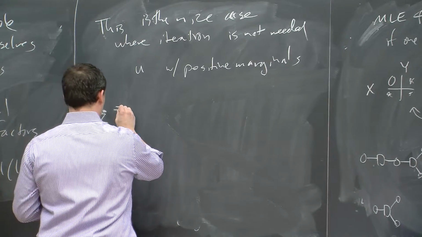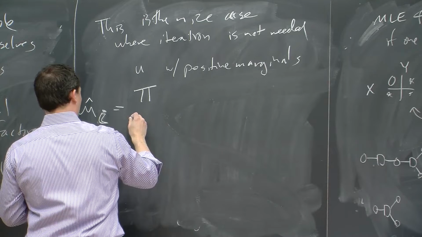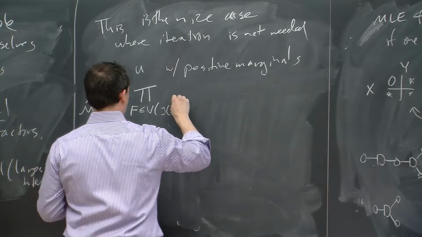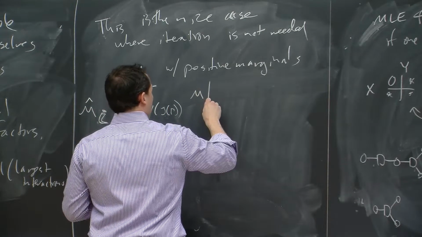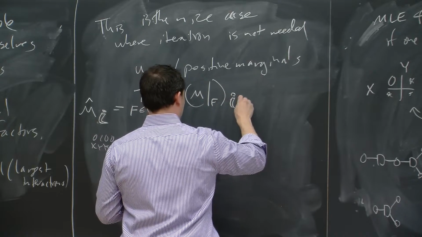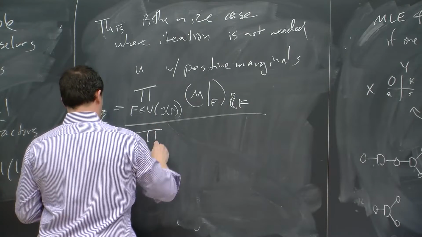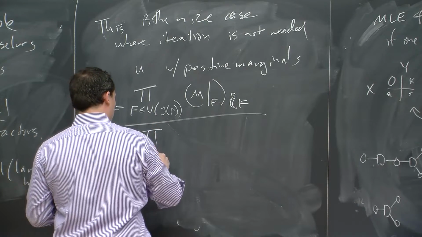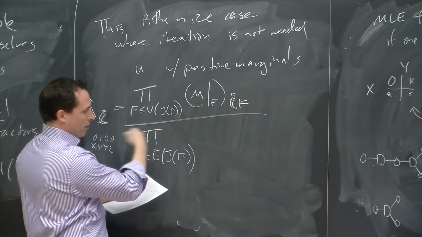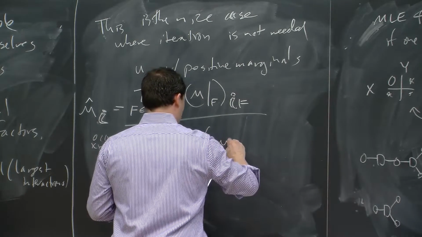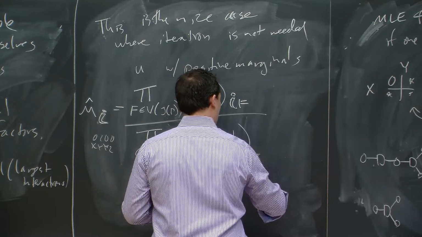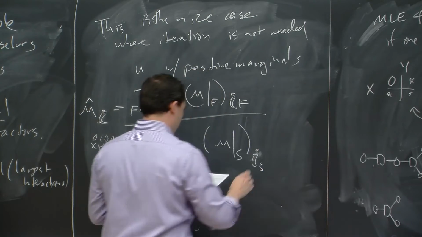So this is equal to the product over all of the maximal factors, the count restricted to that factor, the index restricted to that factor, divided by the product over all these separators in the edges of this tree, j of gamma being this tree of factors that we can build, mu restricted to the separator given the index I, this restricted to the separator.